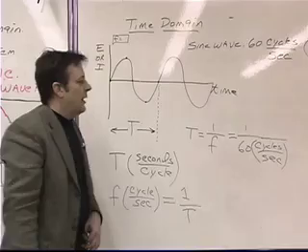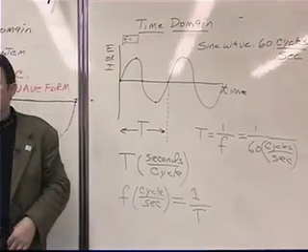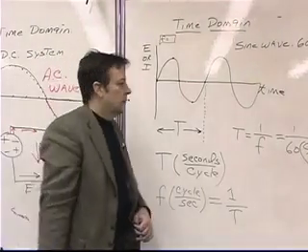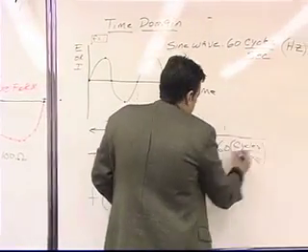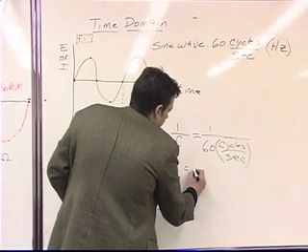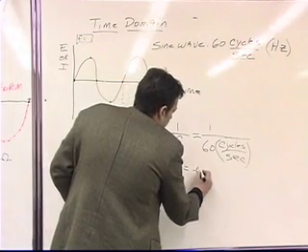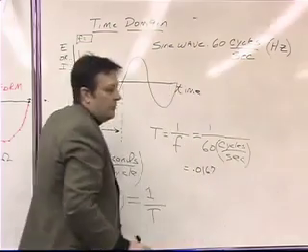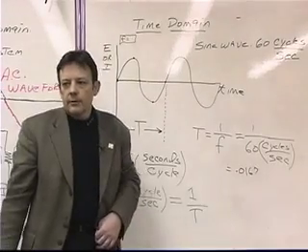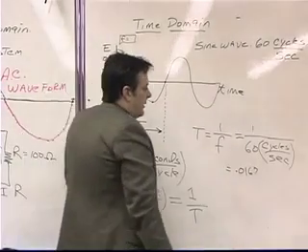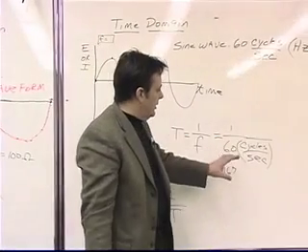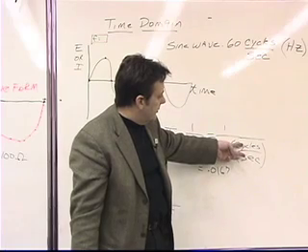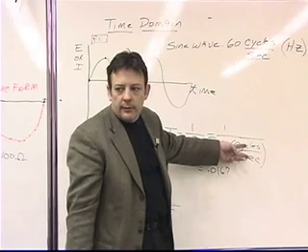So what's 1 divided by 60 on your calculator? This is equal to, what is it? 0.0167 if we round up. Is that right? Okay. And if we look at the units, we have to reverse this for period, right?